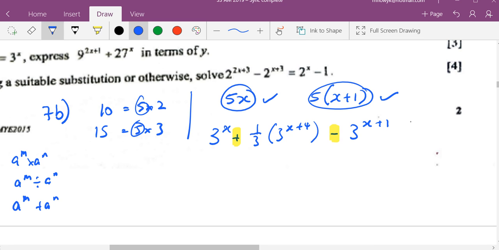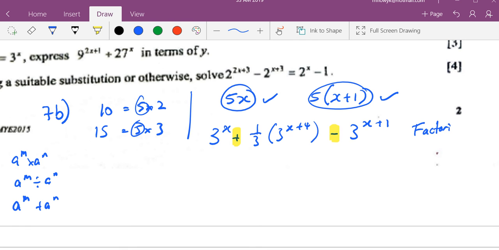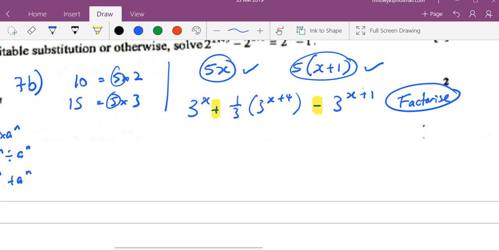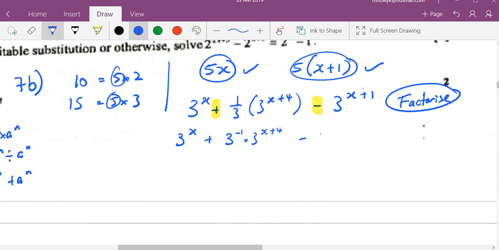Therefore, you are basically stuck, and the only thing you can do is to factorize. But before you factorize, they're so ugly, so difficult, so maybe you must try to split them. So can we try? This is 3 negative 1 times 3x plus 4 minus 3x times 3 1.